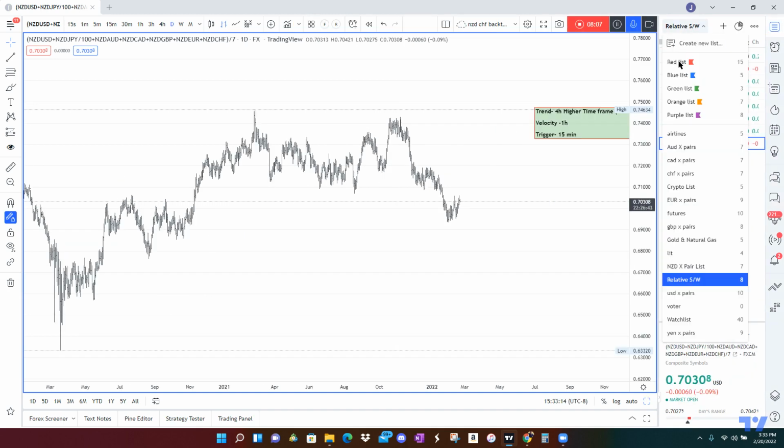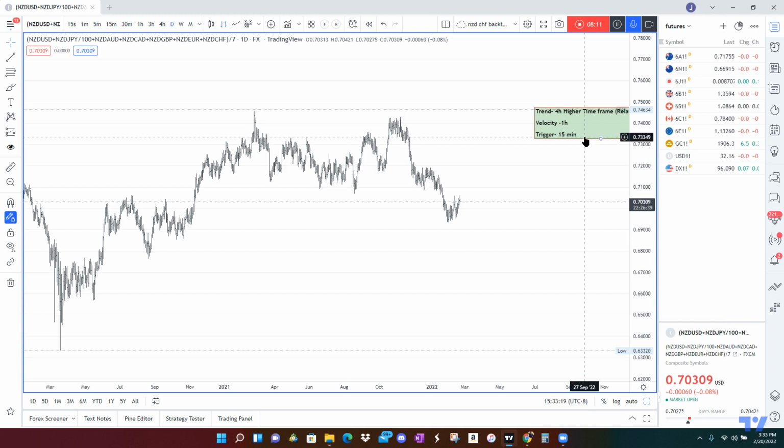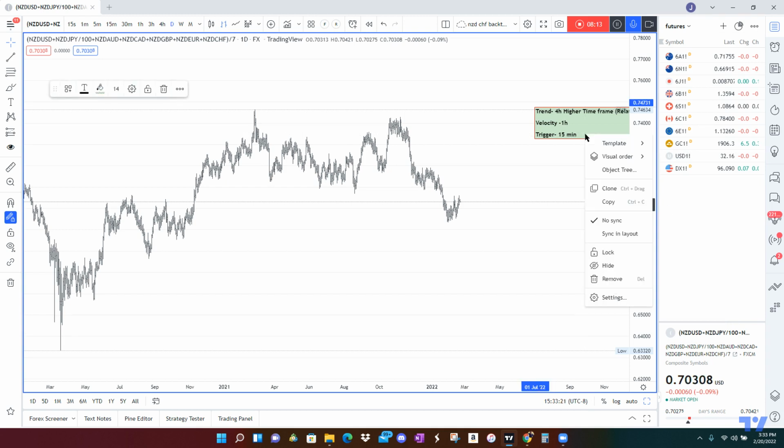So yeah, looking at the Kiwi across the board, what you guys can do also, because you guys don't have this relative strength watch list, I'll have a futures watch list, and we'll do it from the futures watch list. Give me a second.